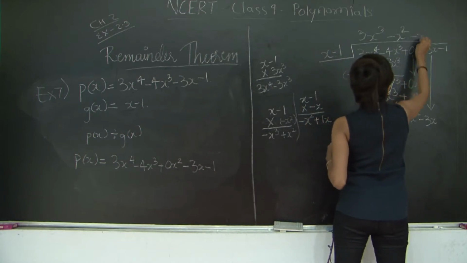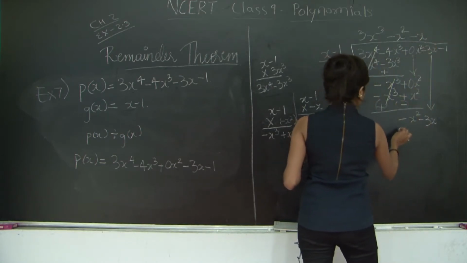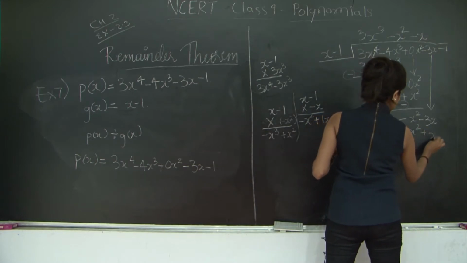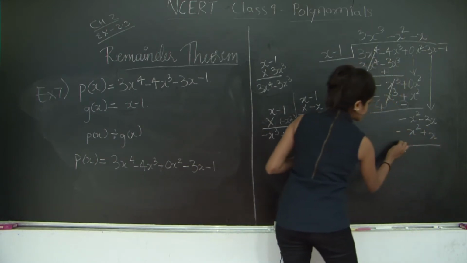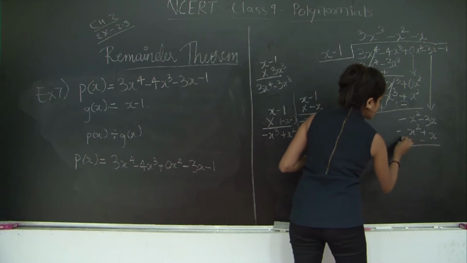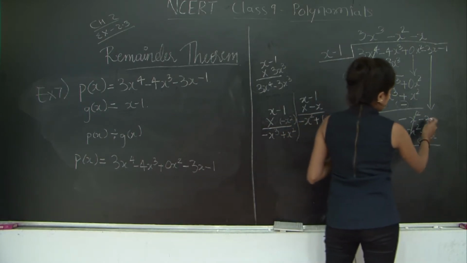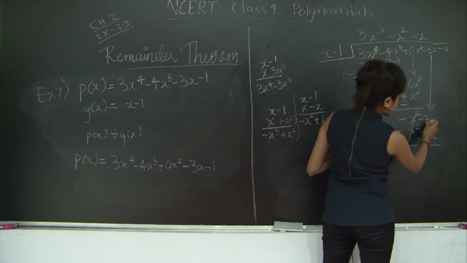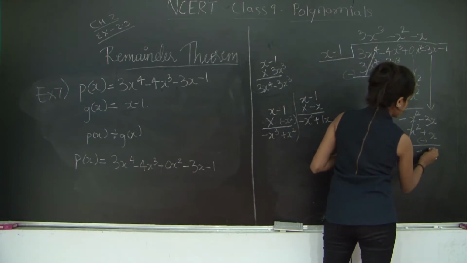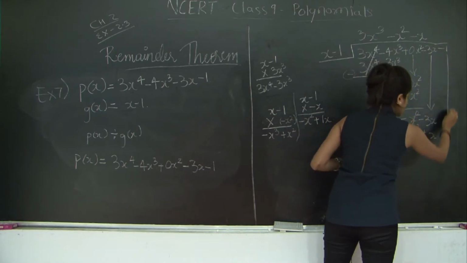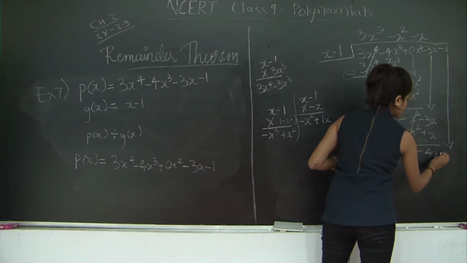So minus x gives me minus x^2 plus x. Negative becomes positive, positive becomes negative. Cancelling. Minus 3x minus x gives me minus 4x. Finally, I bring down minus 1.